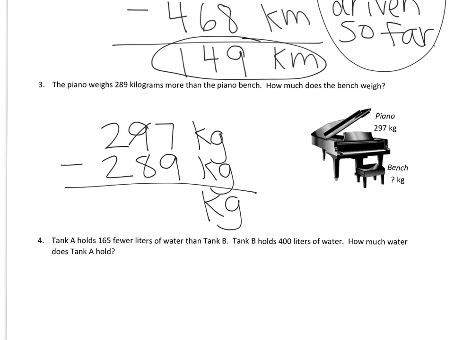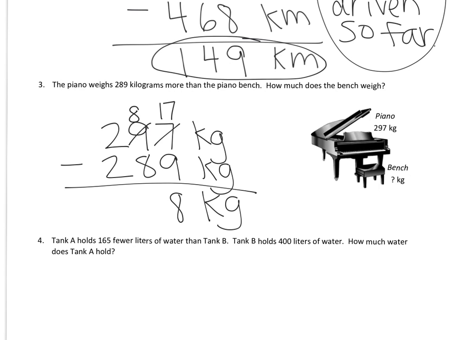So, neighbor, I'm borrowing one bundle of ones, 10 ones. So now I have 17 ones. 17 minus 9 is 8. 8 minus 8 is 0. 2 minus 2 is 0.